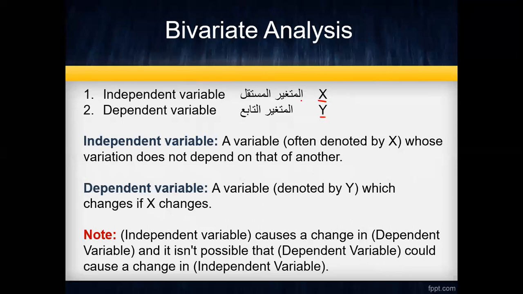The independent variable is not depending upon any other variable. But the dependent variable can be changed by changing the independent variable x. So as x changes, y will change.